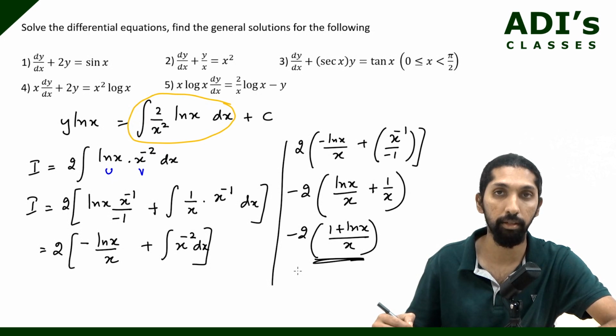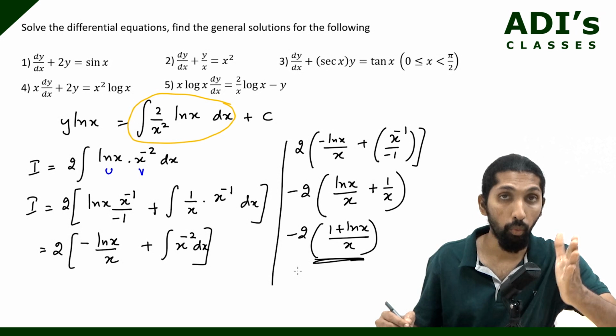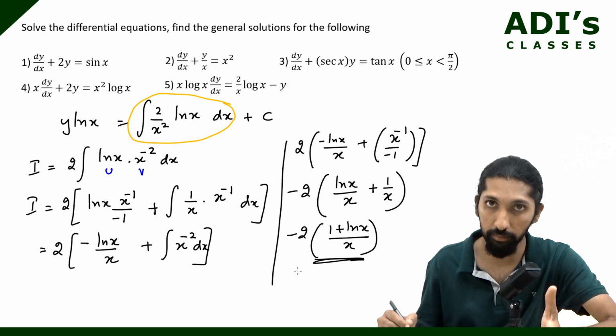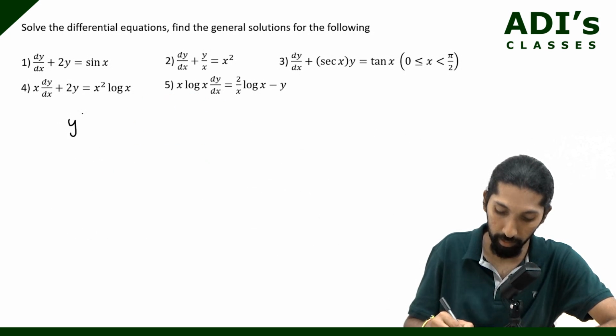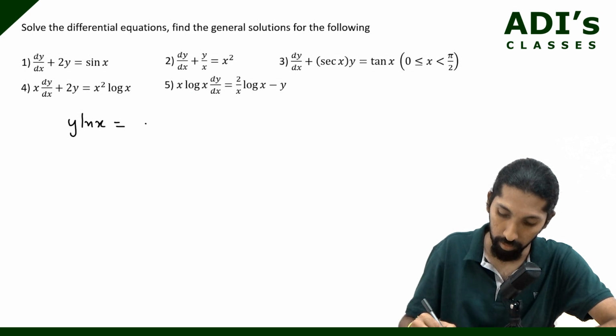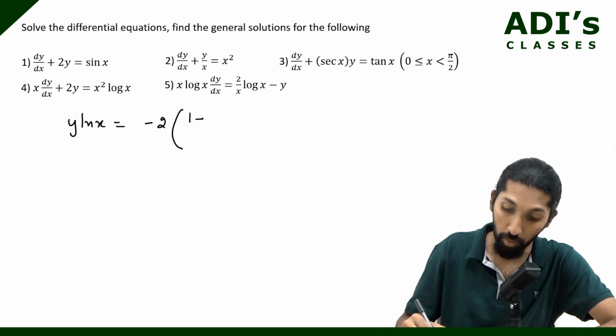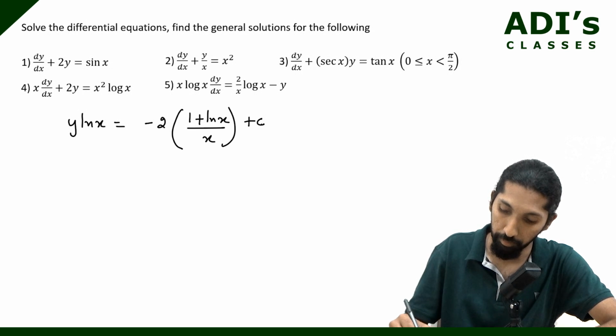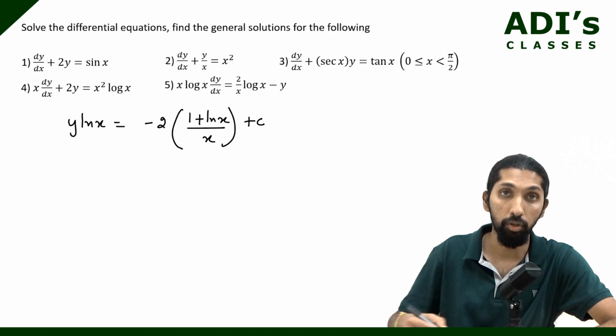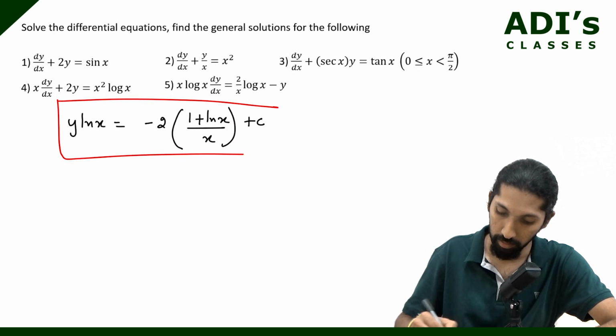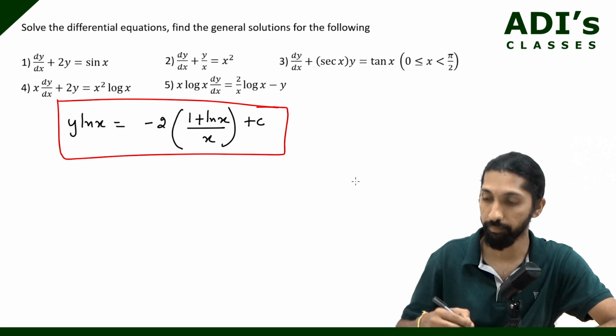So final answer, y log x, you have to start from that, correct? Y log x is equal to minus 2 times 1 plus log of x by x plus c. So this is going to be the final answer.